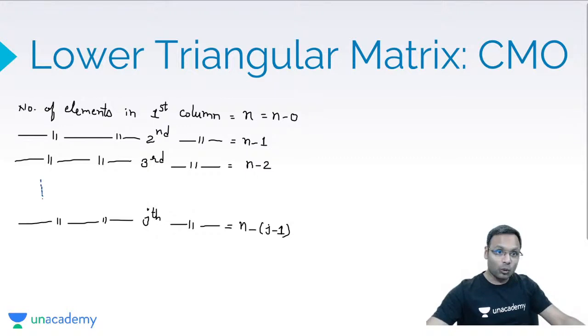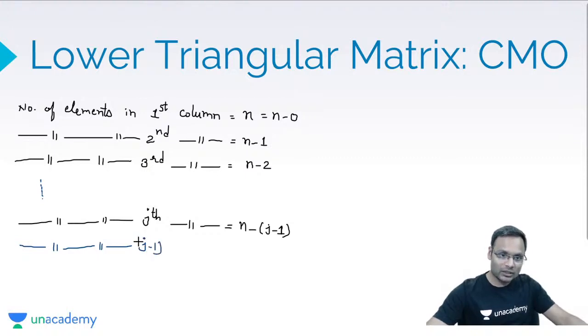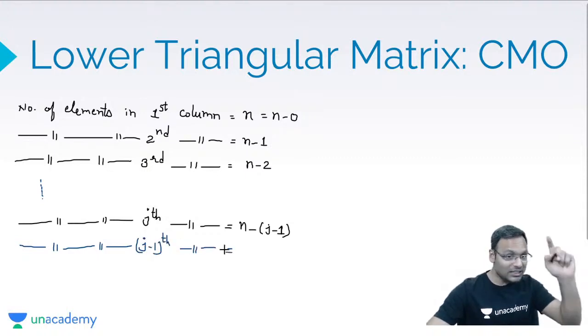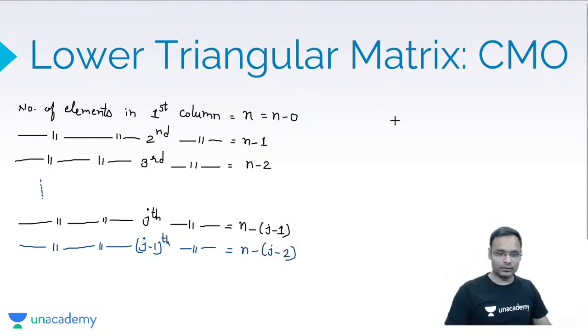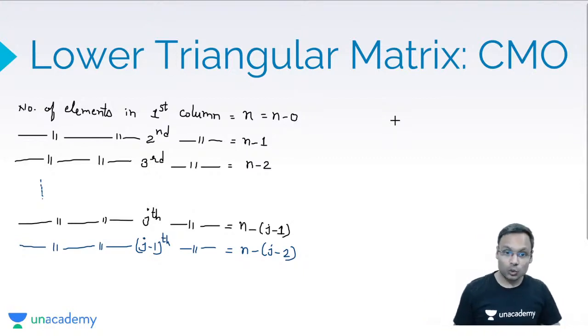Okay, fine. तो how many number of elements should be there in the j minus first column? J की जगह j minus 1 रख दो, it becomes n minus j minus 2.